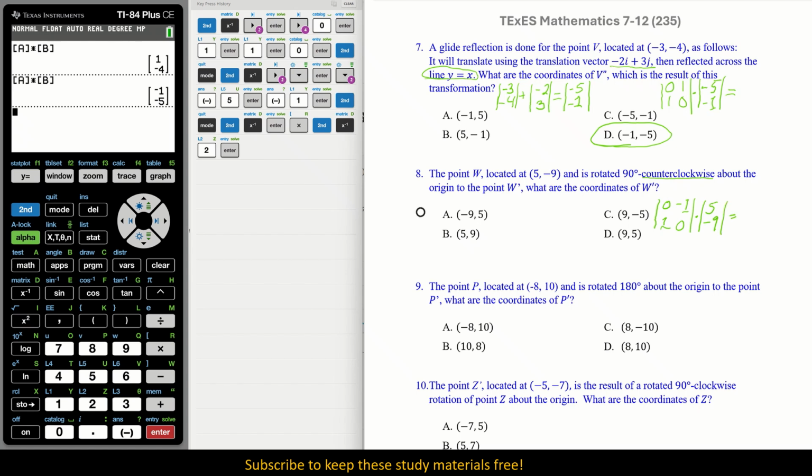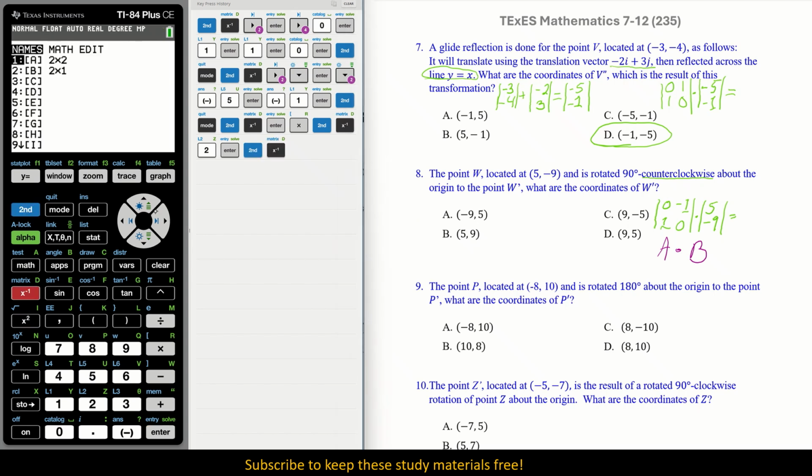Let's put this in the calculator. Just as before, we will put this in A and multiply it by our B. So second matrix, go over and edit, enter. It looks very close, except right here in this cell, we need -1 and enter.